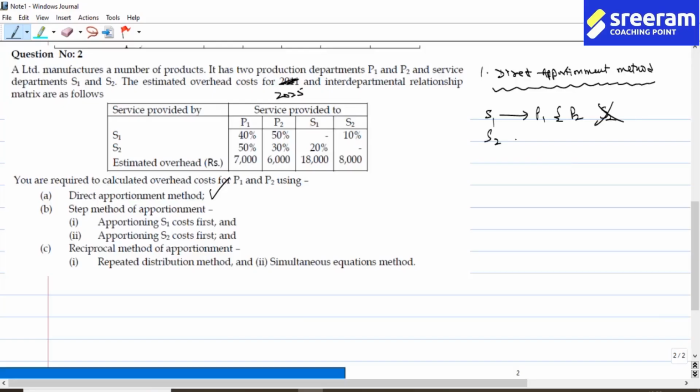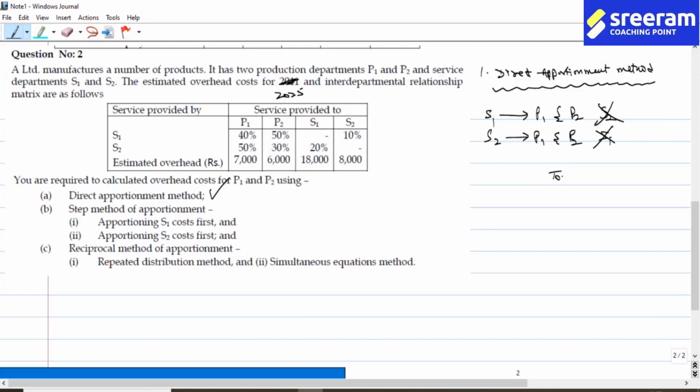Similarly, S2 will serve only P1 and P2, and it will not serve S1 at all. We will simply ignore the other service department, even though practically they serve each other. For the purpose of computation, we simply ignore it. This is the basic understanding you should have. Then how do we carry this out? No big deal.